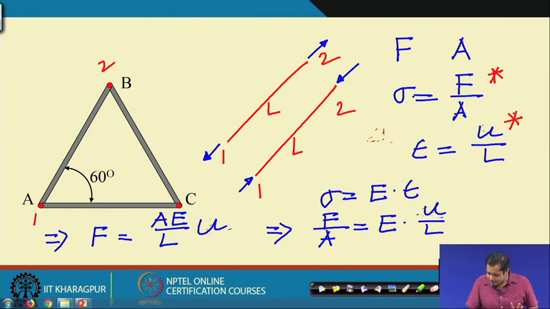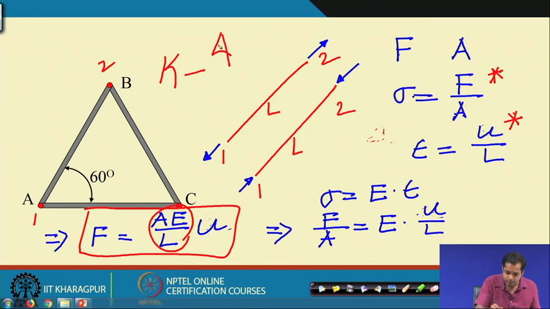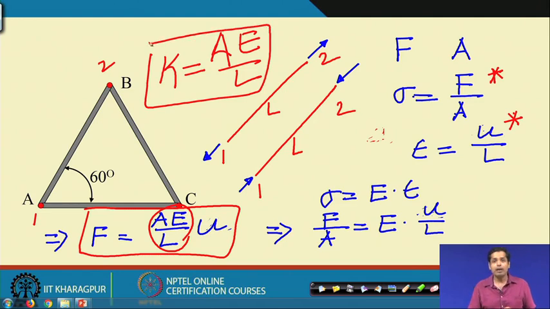Now look at this, what is this essentially? This is your stiffness definition, where the force is equal to something multiplied by displacement, and this something, K, in this case is equal to A E by L. This is the stiffness for this member.